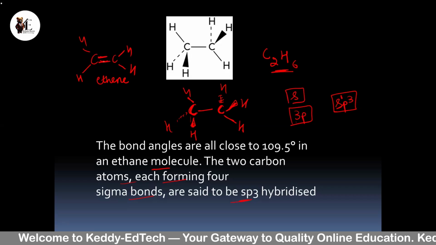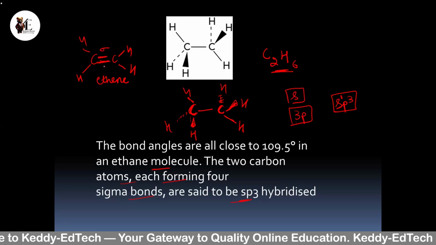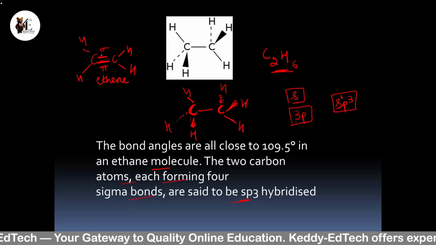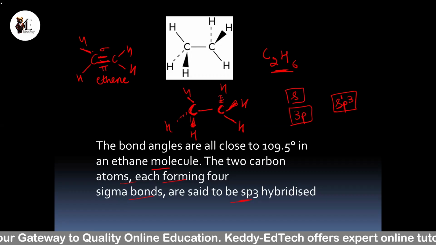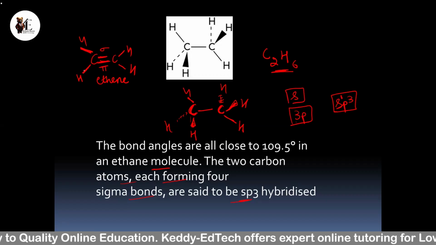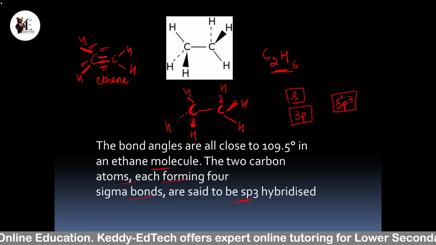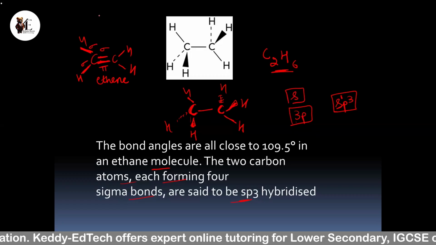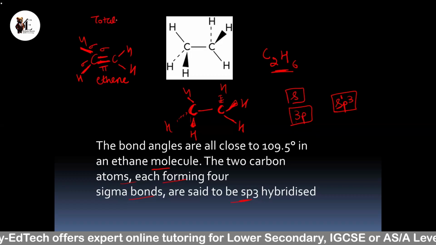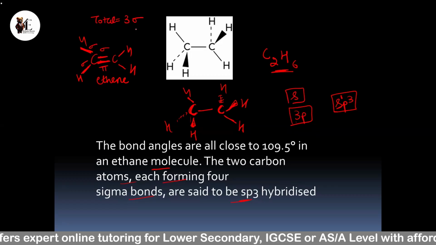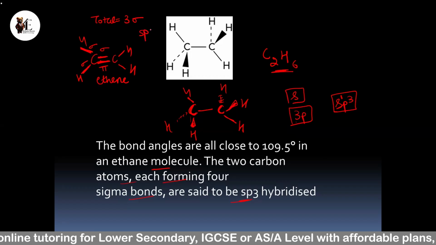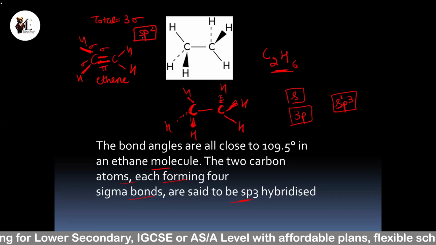You know that in the double bond we always have one sigma and one pi bond. So how many sigma bonds does it have? One sigma of this hydrogen, one sigma of this hydrogen, and one sigma of this double bond. So in total we have 3 sigma bonds in ethene. 3 sigma bonds means 1 of s and 2 of p. That means it is sp2 hybridized.